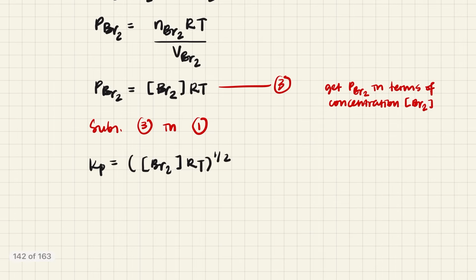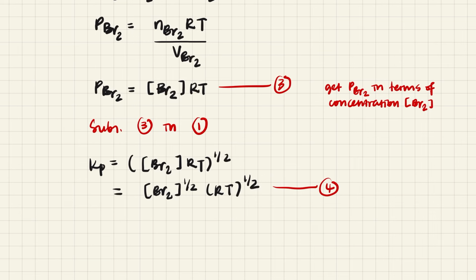Okay, in maths, you have Br2 to the power of 1/2, and RT, just keep it together, to the power of 1/2. So this will be now your equation number 4.